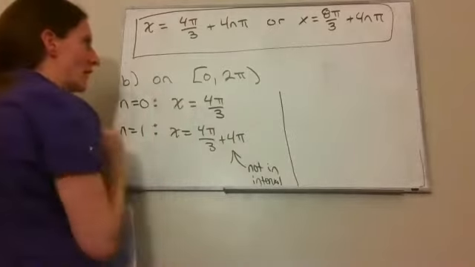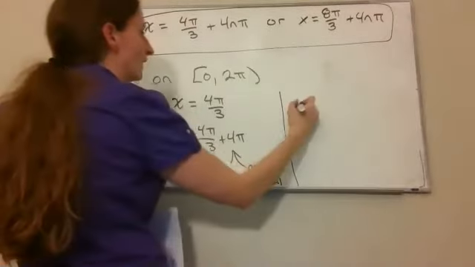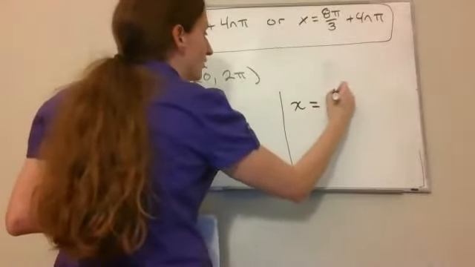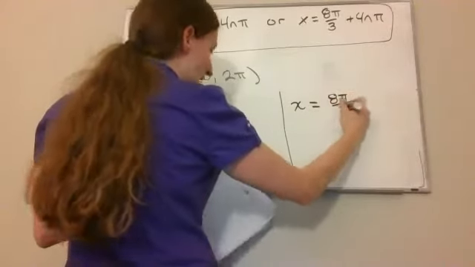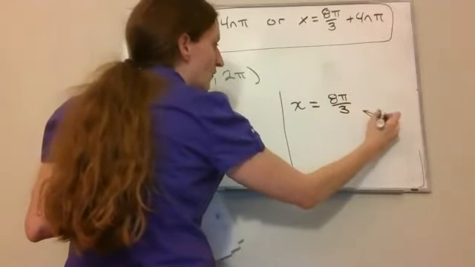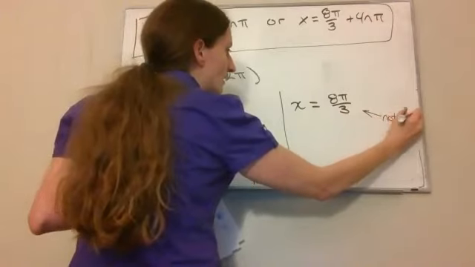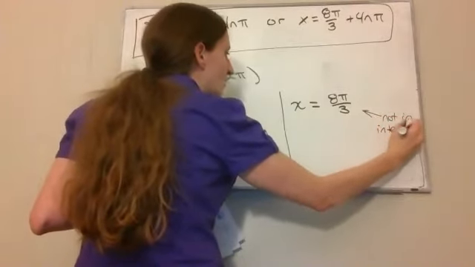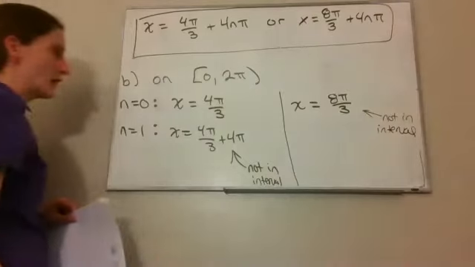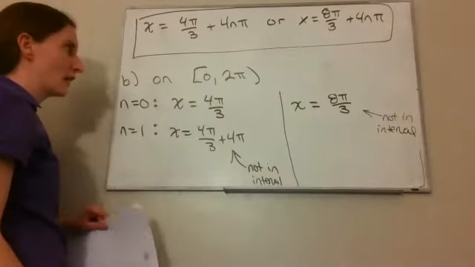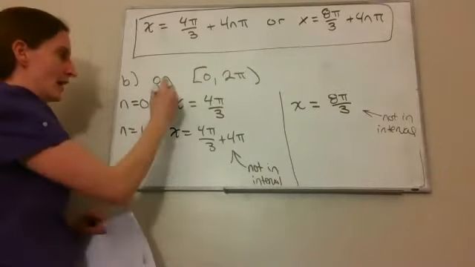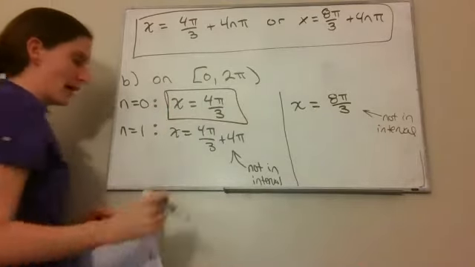Doing the same thing with my other answer, when n is 0, I get x is equal to 8 pi over 3, but that is already not in my interval. It's too big. So I really only have one answer on the interval 0 to 2 pi, and that is x is equal to 4 pi over 3.